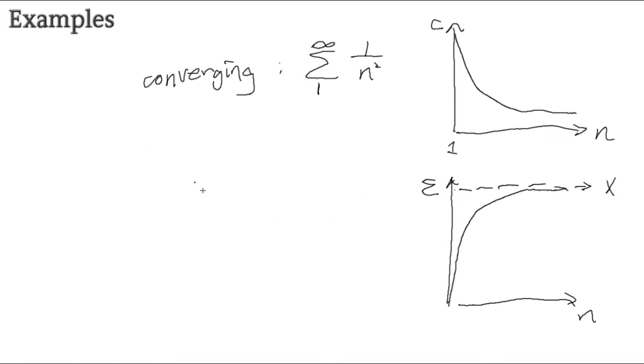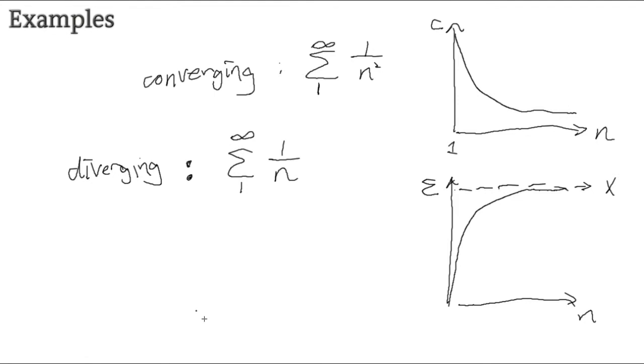So with this, we can look at a diverging series. Divergence is something like this. 1 on n would be a good example.